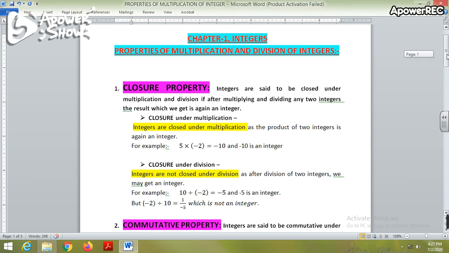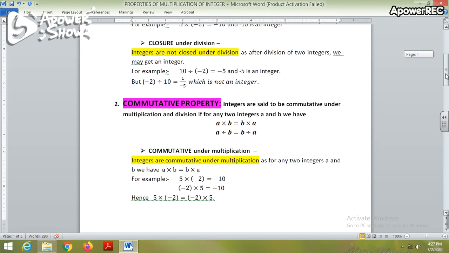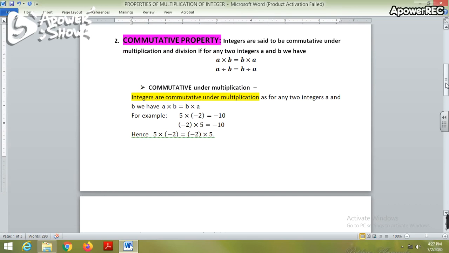Now let's move on to the second property known as commutative property. We can say integers are said to be commutative under multiplication and division if for any two integers a and b, we have a multiplied by b equals b multiplied by a, or a divided by b equals b divided by a.